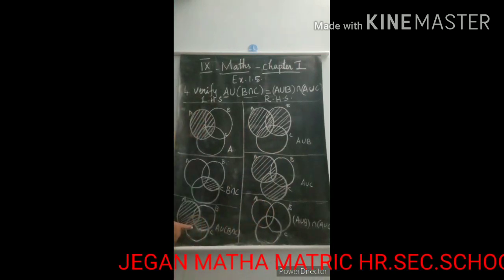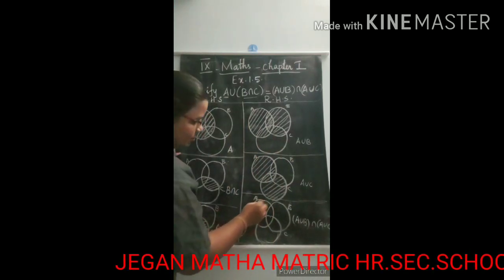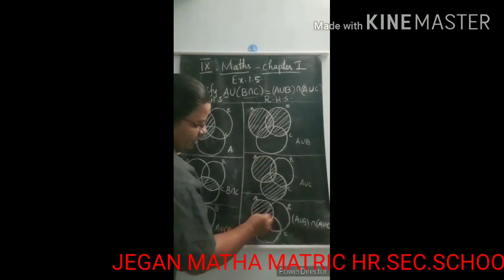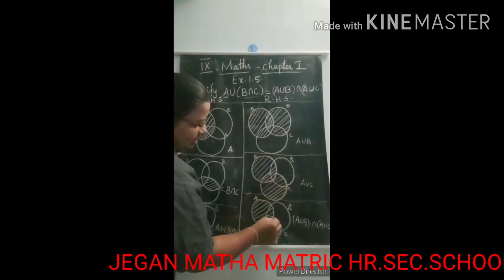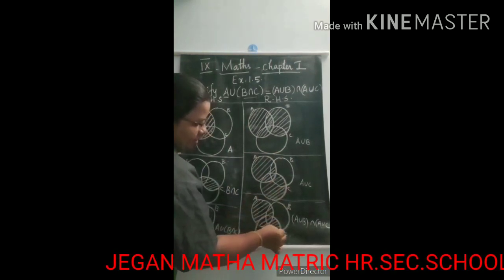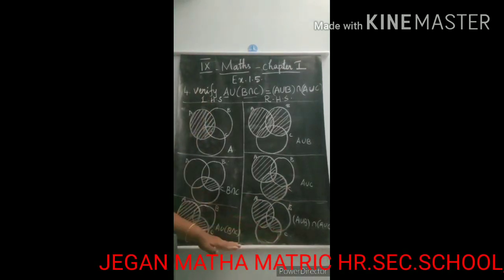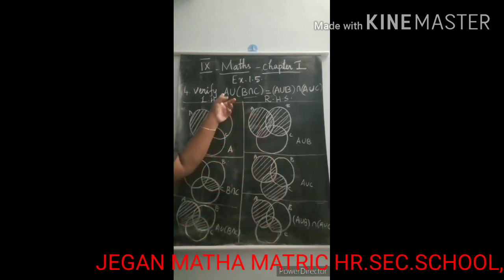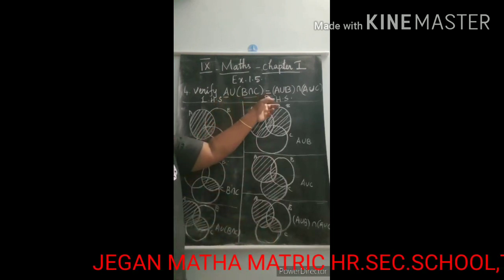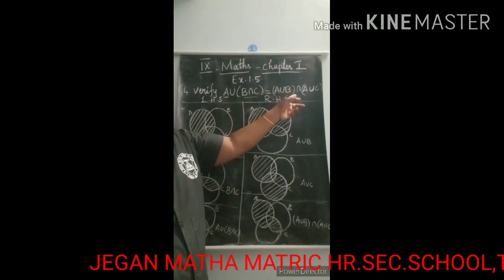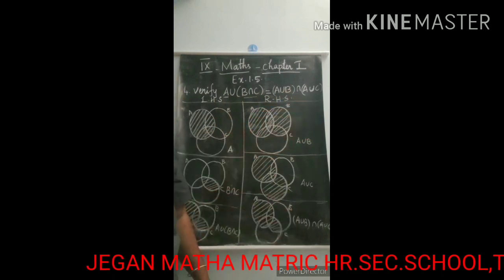We will get the same as LHS: the A part and the B intersection C part. So the final LHS and RHS will be the same. Therefore A union (B intersection C) is equal to (A union B) intersection (A union C).